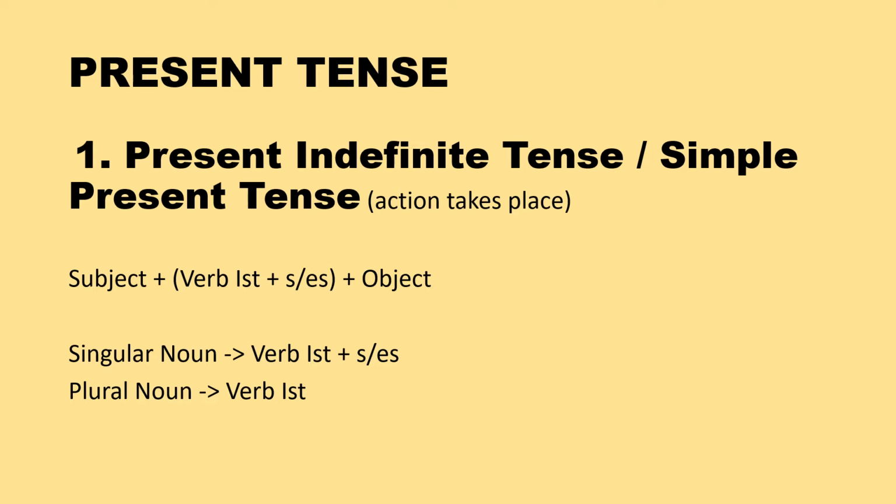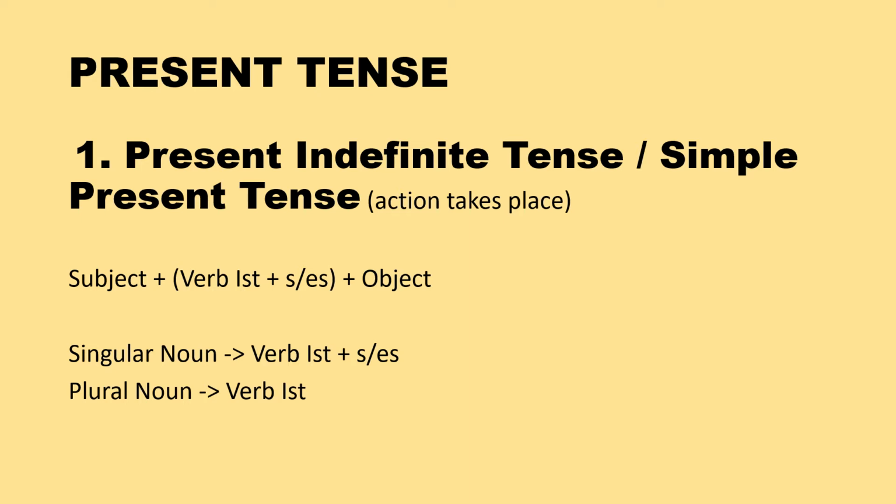Where to use s or es and where not to use s or es. When in a sentence of simple present tense a singular noun is there, then we put s or es with the verb.